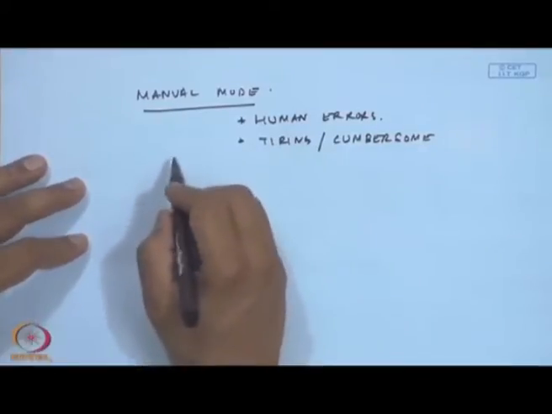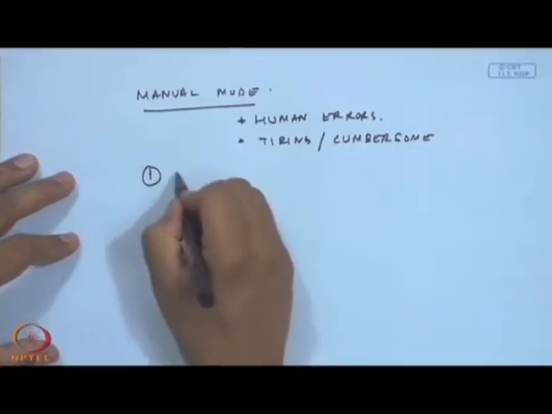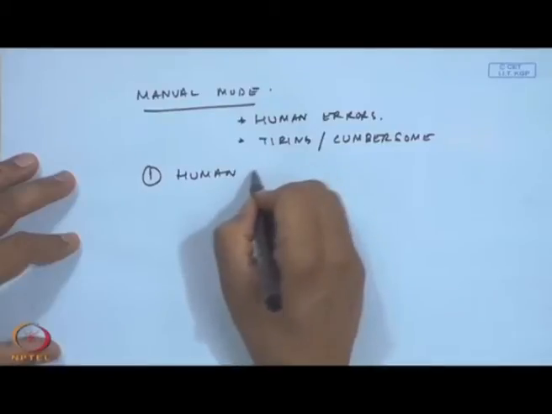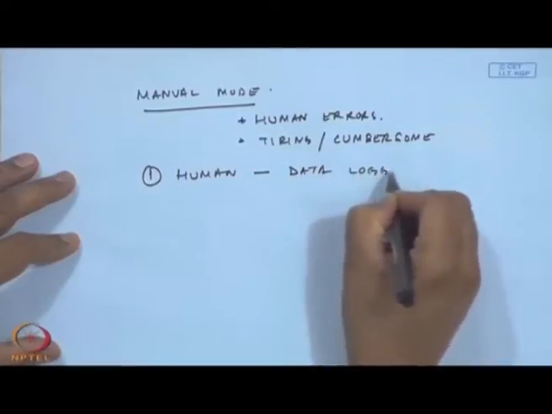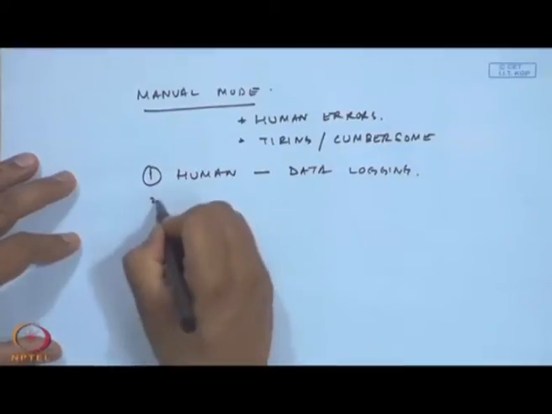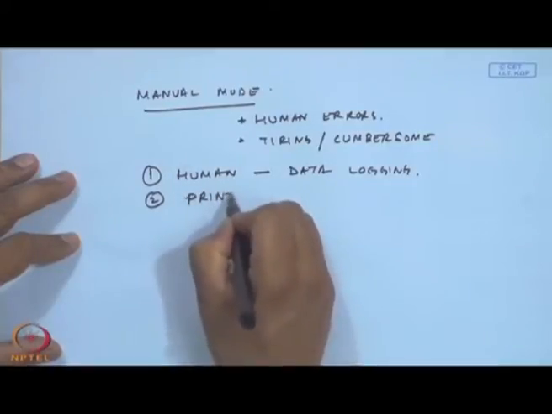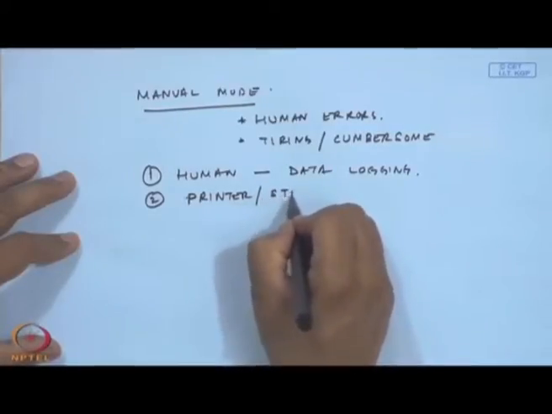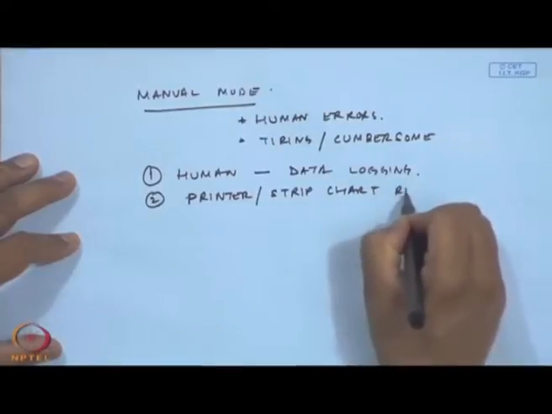Another method, other than writing. So, the first one was human intervention with physical data logging. But closely with this is using either a printer or a strip chart recorder.